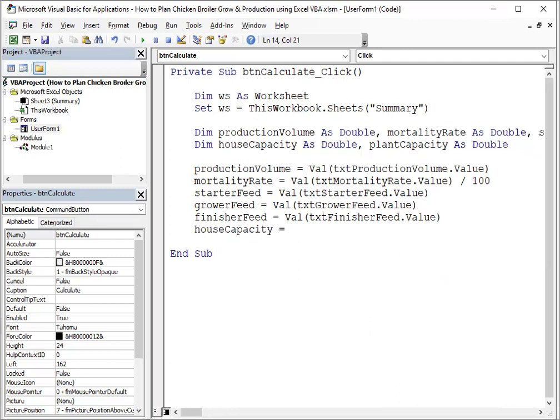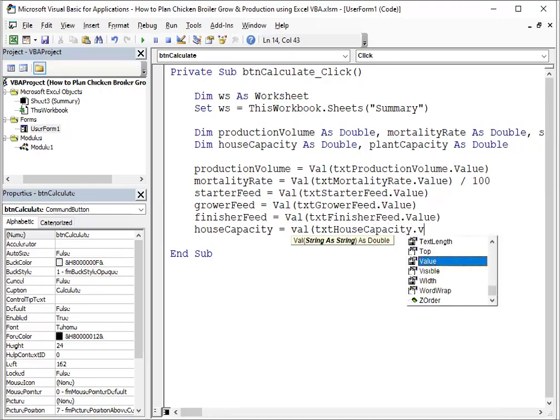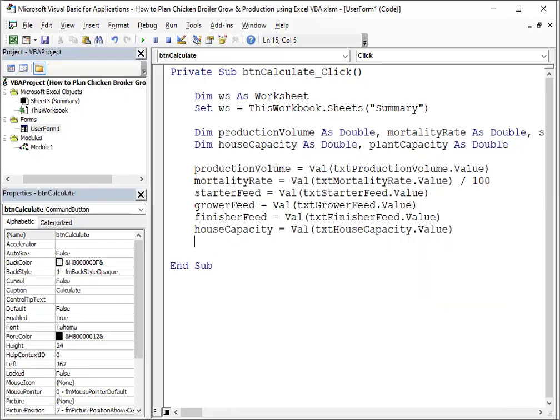equals value, parenthesis text house capacity, that value, close.